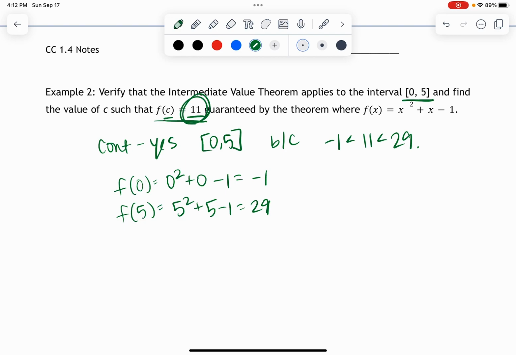So again, if we read the question, verify that the intermediate value theorem applies to the interval 0 to 5. We did that because it's continuous and because the y values surround the y value in question, which is 11, so the theorem does apply. So then we can go ahead and find the value of c such that f of c is 11. Because 11 is a y value, I'm going to take the function and set it equal to 11.